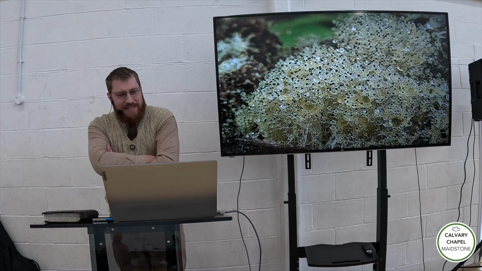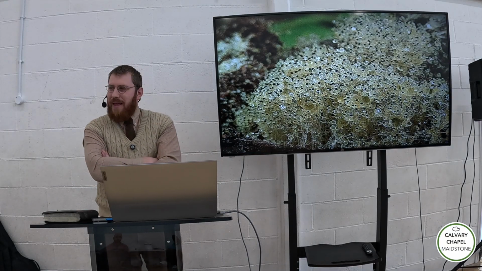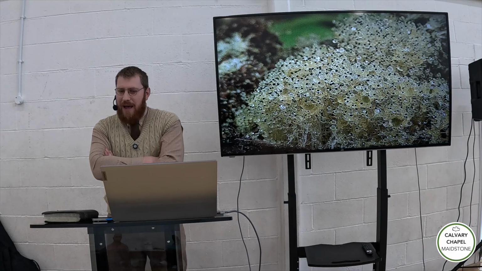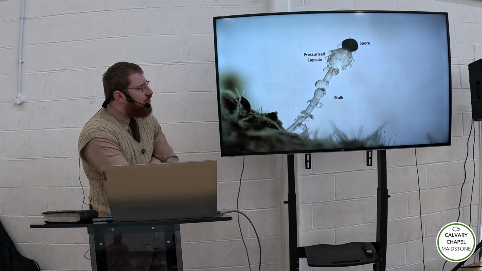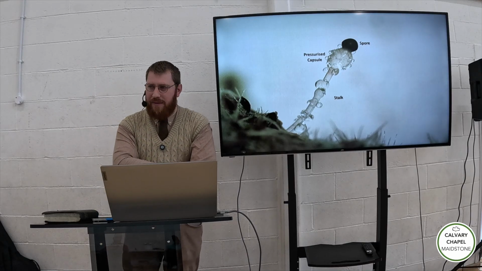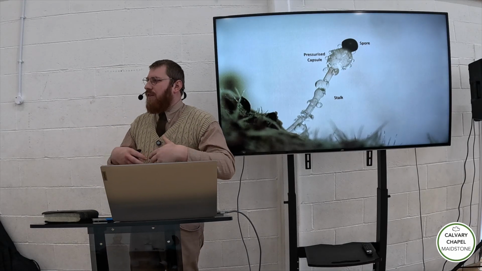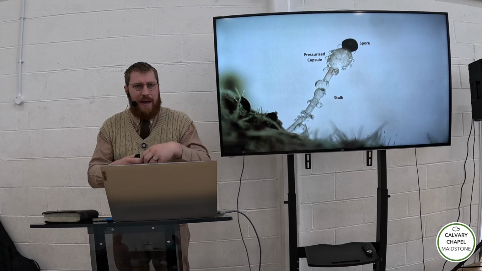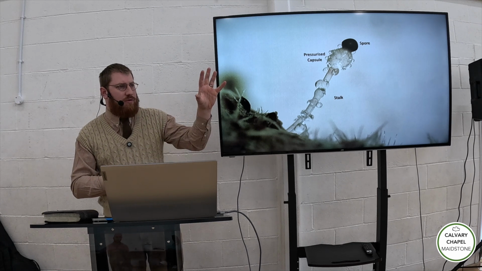But you see, something must be working because you can find them in their abundance. There's the little fungus, by the way. You've got the stalk, you've got this little pressurized capsule, and you've got a spore that sits on the top. Think spore, think seed. It's not quite the same thing, but it's what allows that fungus to grow.